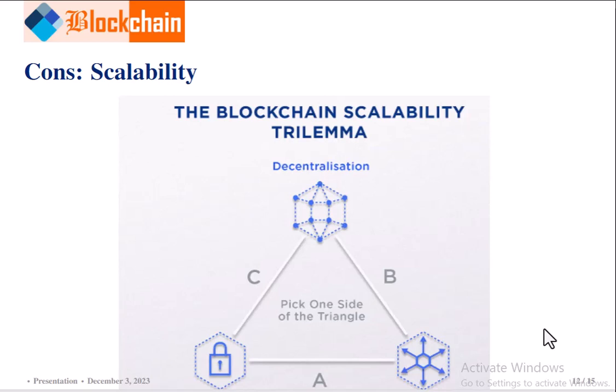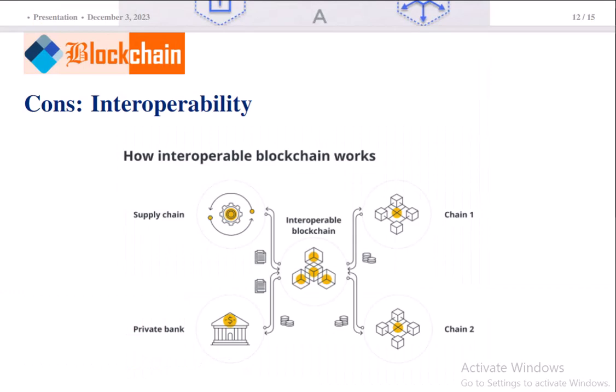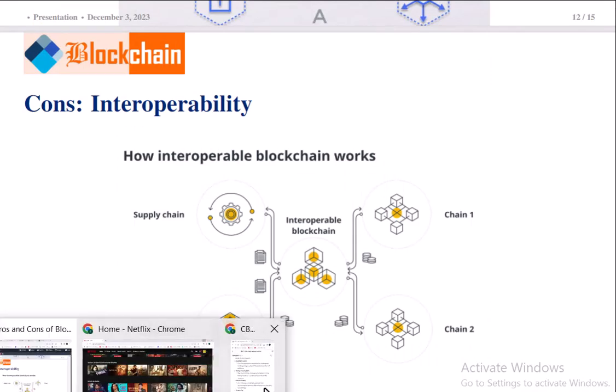The second drawback is energy consumption. Since there is a proof of work consensus mechanism, it consumes a lot of energy. Interoperability is also a drawback in the blockchain network.